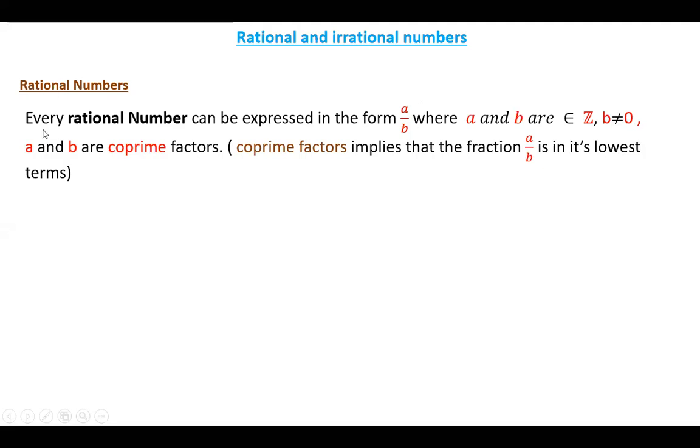And A and B are co-prime factors. So you might be asking yourself, what is a co-prime factor? A co-prime factor is just another way of saying A and B are in their lowest forms.